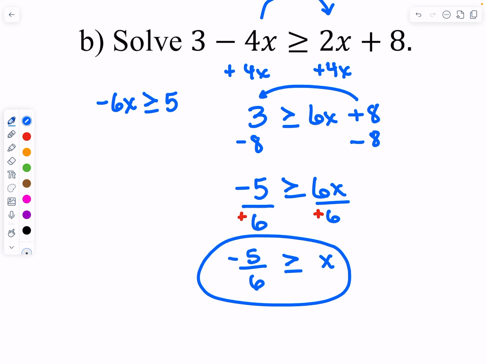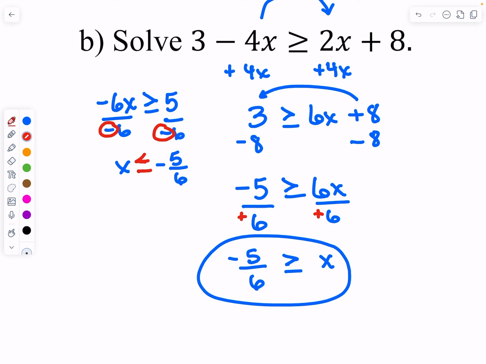Okay, and you would have divided by -6, and in that case, you still get the same answer. Notice that it doesn't matter whether the negative is on the top, the bottom, or in the middle. It's still a negative. But notice I would have had to flip my inequality.